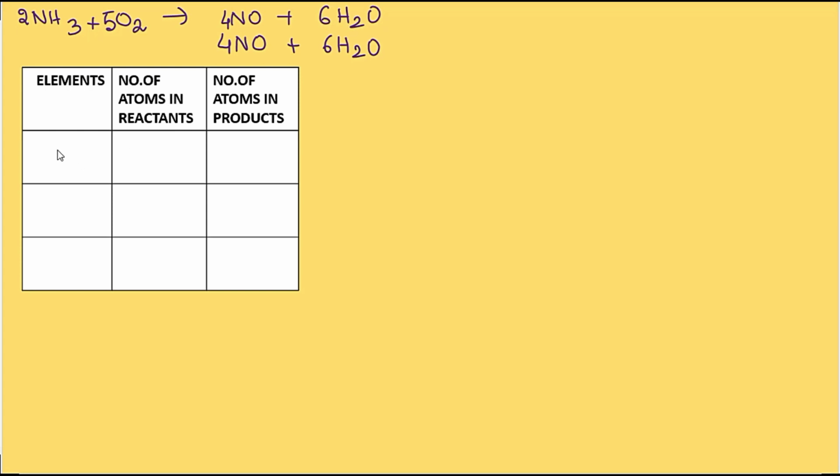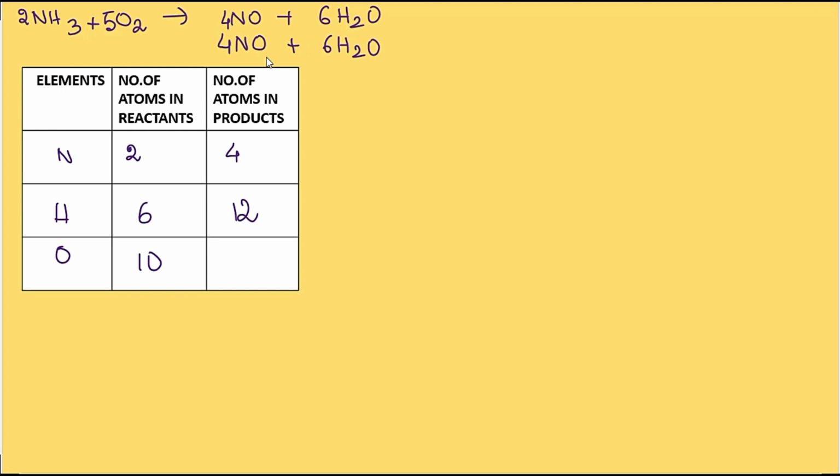Okay, so write down the elements: nitrogen, hydrogen, oxygen. Nitrogen is 2 in the reactant side and in the product side it is 4. Hydrogen is 6 in the reactant side and in the product side it is 12, and oxygen 10.